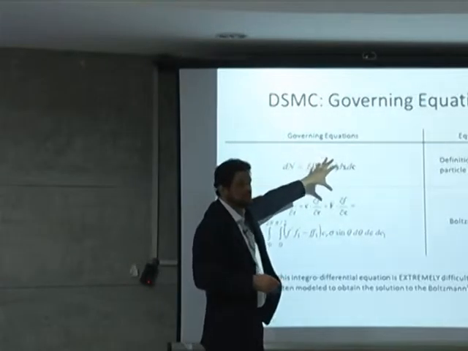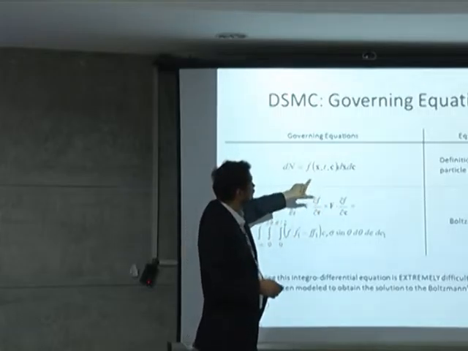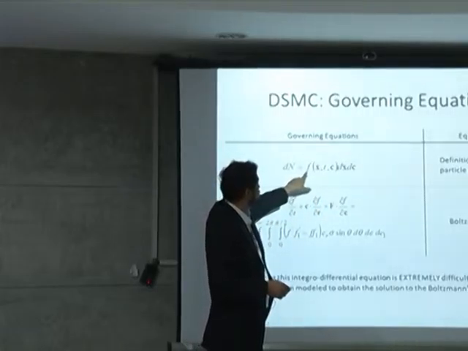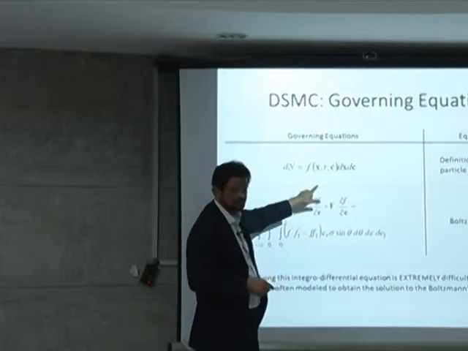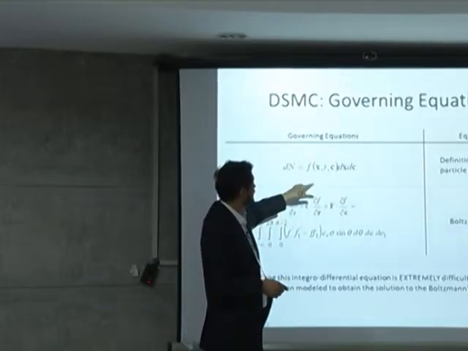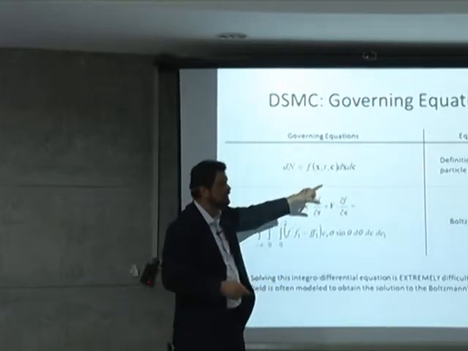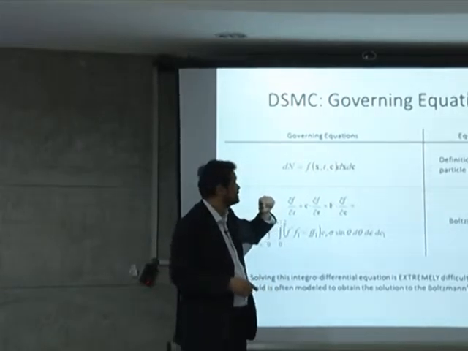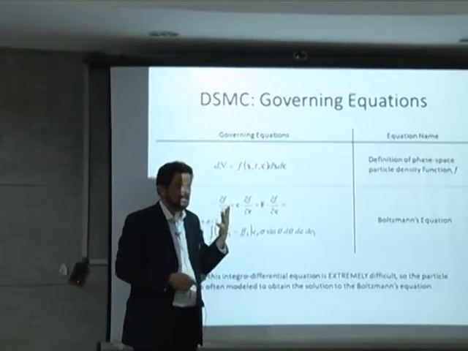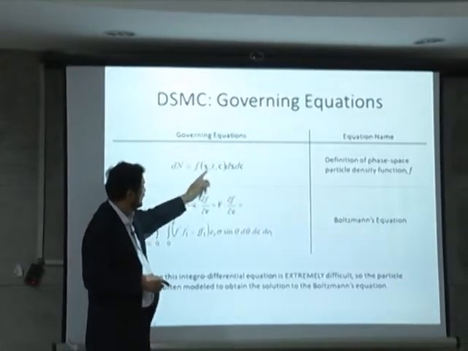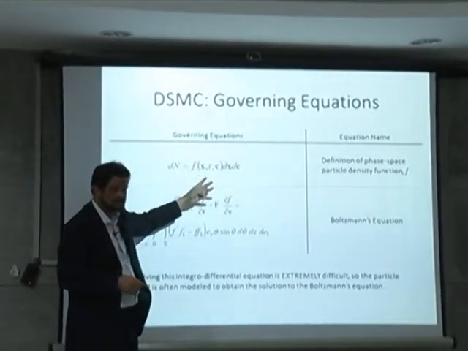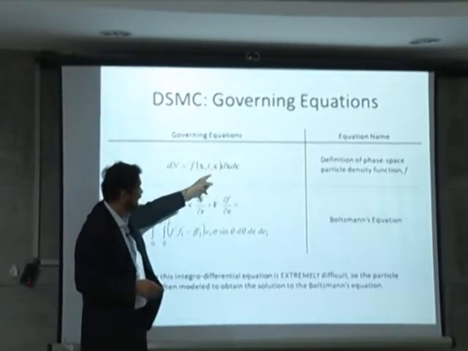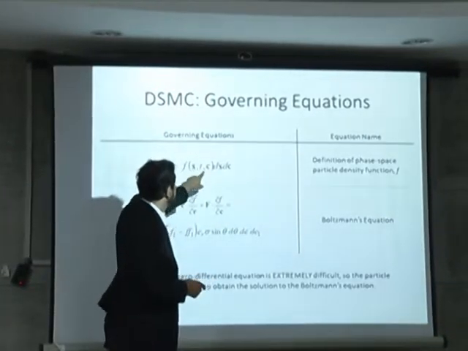And so in this equation, what you do is, you have a probability density function f, which says that the probability density of f depends on the time and x, y, and z, the space coordinates, and also the speed.